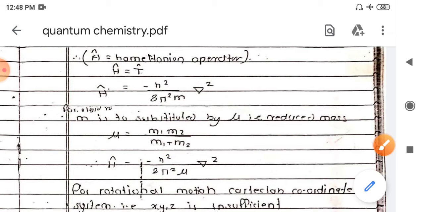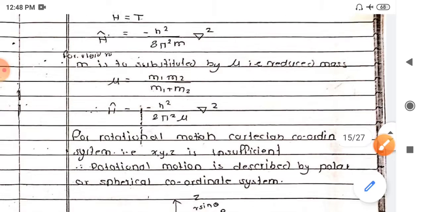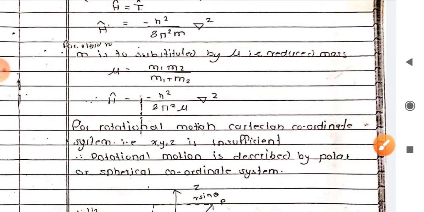So these are the two changes we make for this rigid rotor or hydrogen atom problem: instead of the Cartesian coordinates we move to the spherical polar coordinates, and instead of the mass of the system we consider the reduced mass, because in rotating motion we cannot consider the total mass of a system.